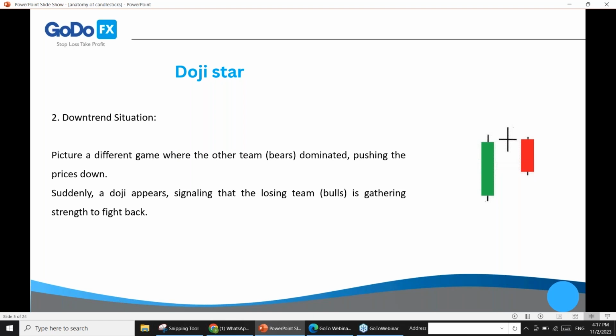But if we have a downtrend situation, the picture is a different game. The other team, the bears, dominated and pushed the prices down. Suddenly a doji appears, signaling that the losing team, the bulls, are gathering strength to fight back.